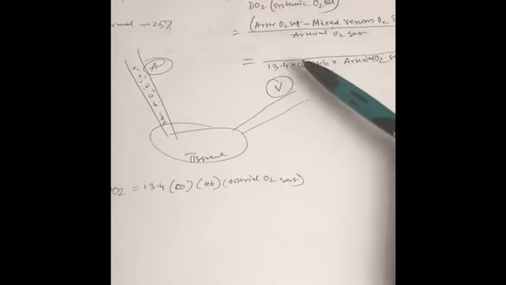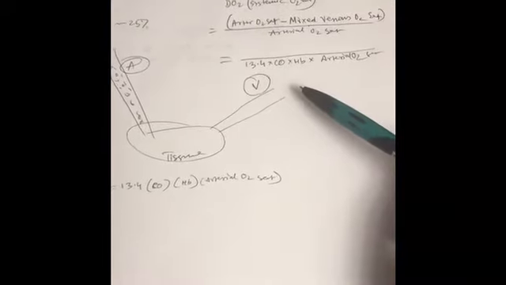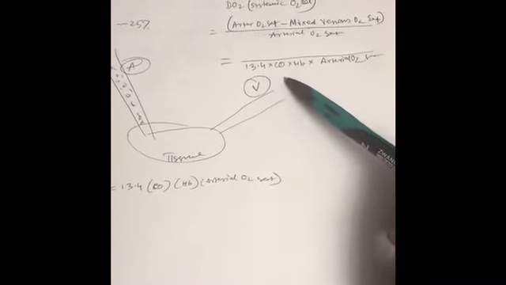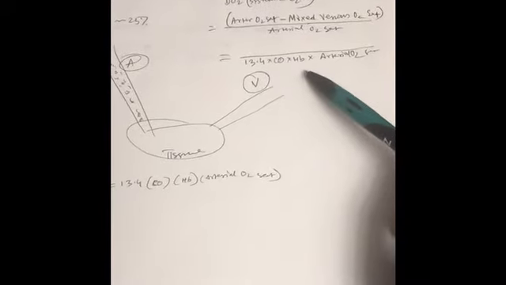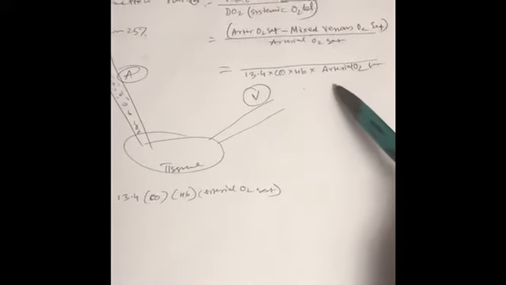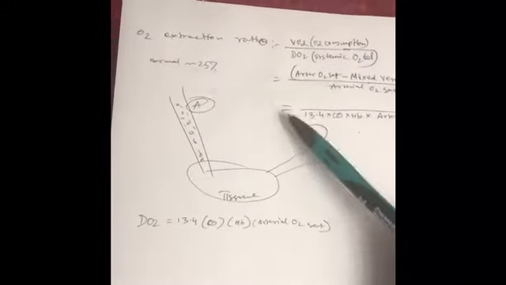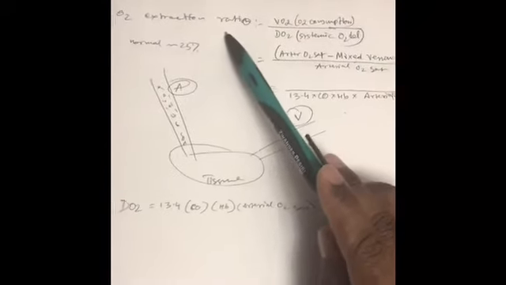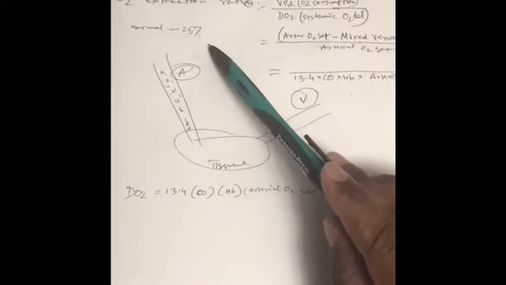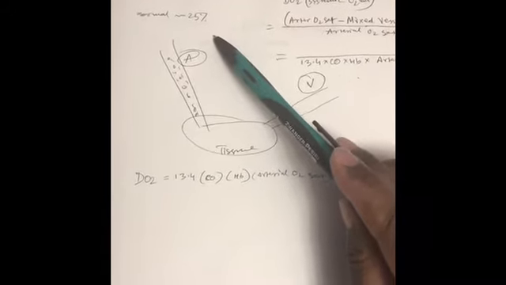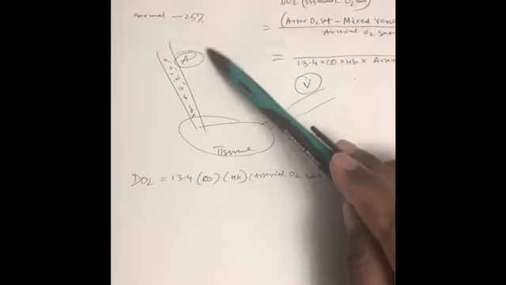The systemic oxygen delivery is again calculated as 1.34 times cardiac output times hemoglobin times arterial oxygen saturation. The normal oxygen extraction ratio is about 25%. Our goal is to maintain the oxygen extraction ratio below 50%.